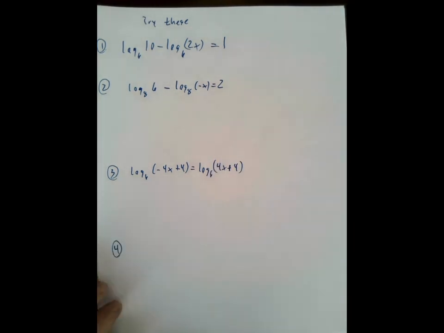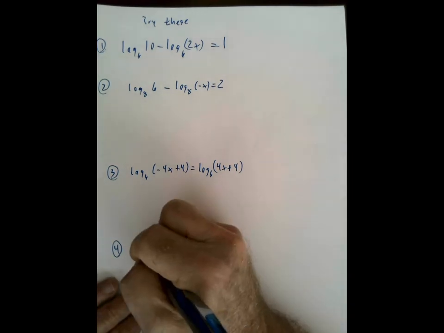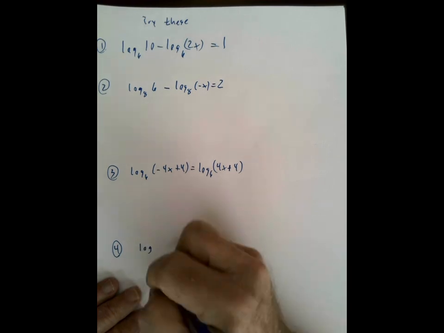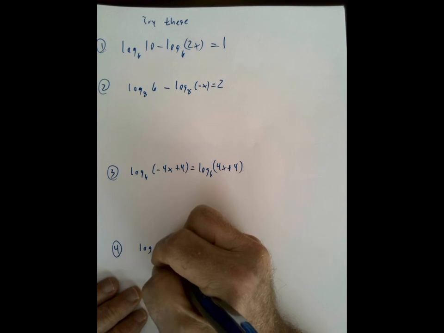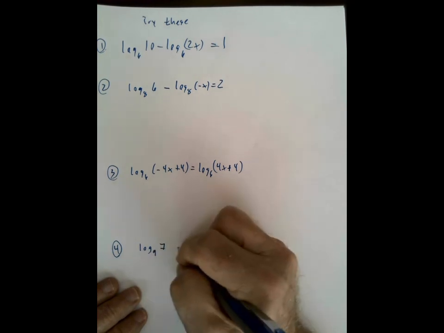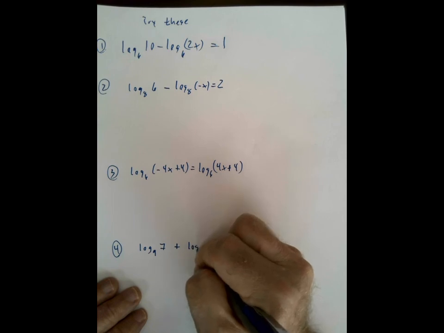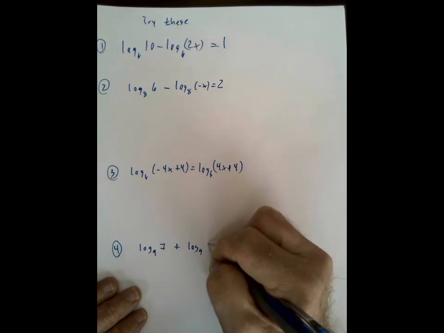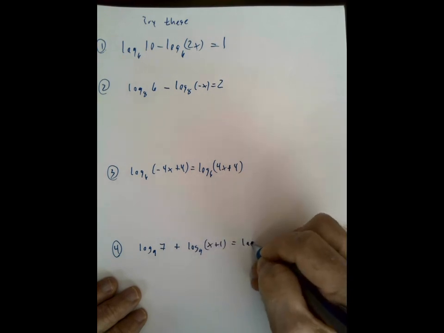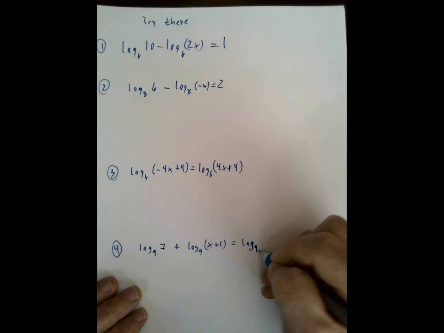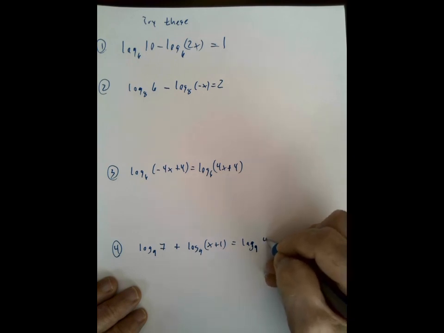And then number 4, how about log base 9 of 7 plus log base 9 of x plus 1 is equal to log base 9 of 4.